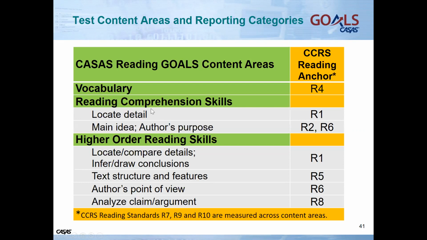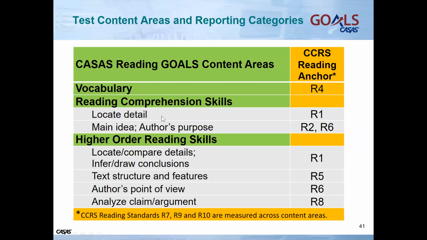So in the reading comprehension skills, these sub-score areas relate to a DOK1, a depth of knowledge of just responding to detail or recall, not higher order cognitive level required.